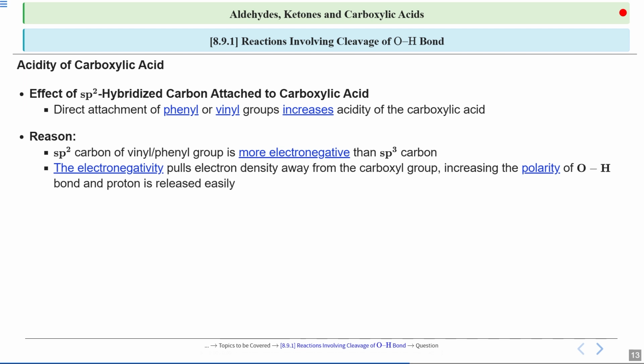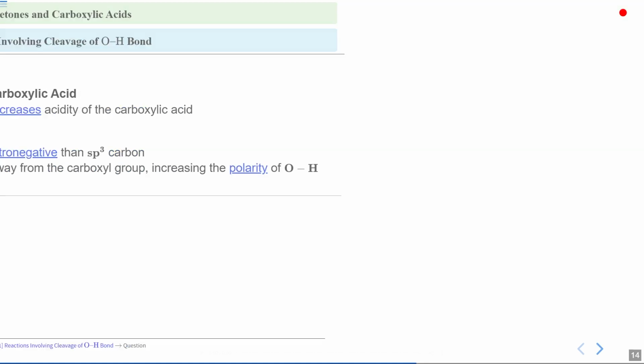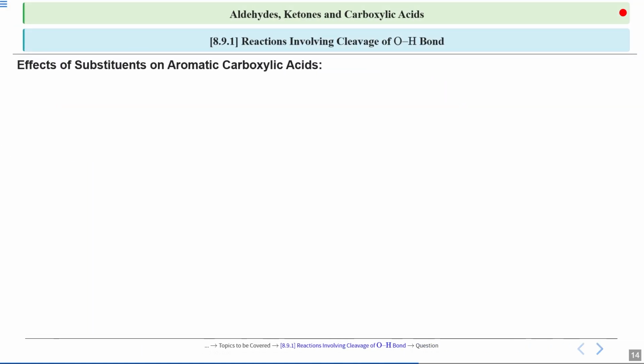And if the polarity of the OH bond is increased, then it is easier to release a proton. Proton can be released easily. So that is why if a phenyl or vinyl group is directly attached to a carboxylic acid, it will increase its acidity.